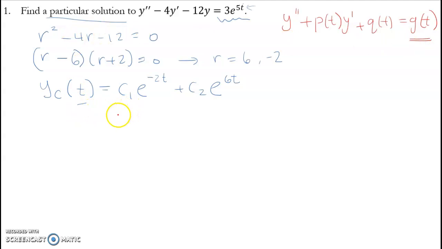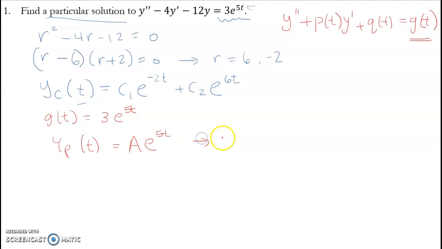Our g of t right now is 3 times e to the power of 5t, which is an exponential. So our particular solution, which I'll call y with a lowercase p for particular, will have the format a times e to the power of 5t. Let's find out.